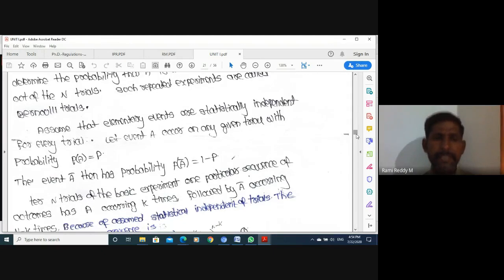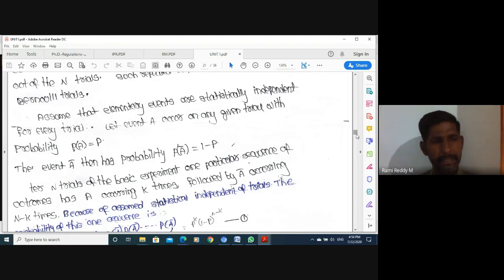After n trials of the basic experiment, one particular sequence of outcomes has A occurring k times, followed by A bar occurring n minus k times.